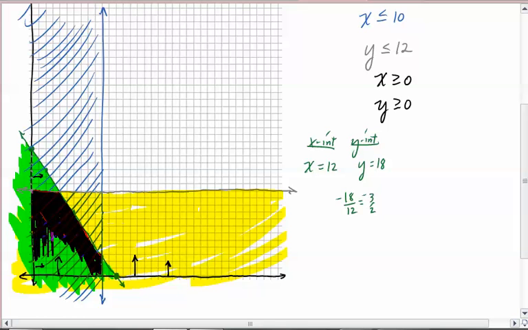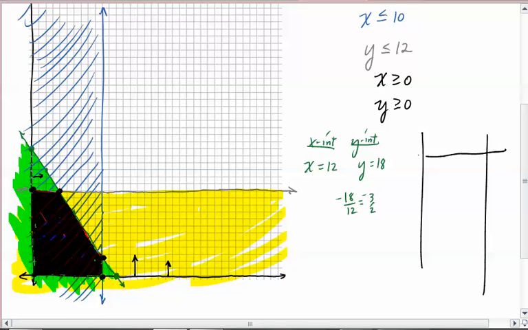I need real clear sets of vertices for these things. Now, I'm going to mark my vertices. There's that vertex, there, and there. So the feasible region has created the vertices that I need to put in a table.